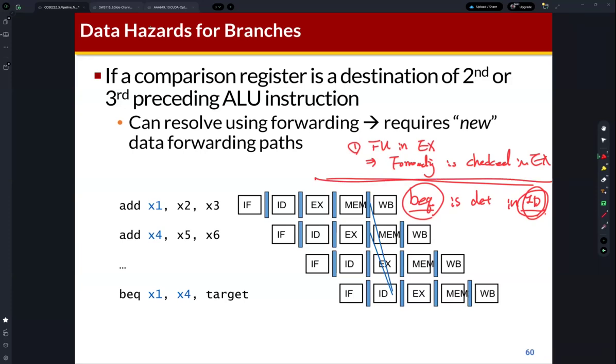The ALU receives the source register value from the other stages, not the register file, because the register file will be updated in the write back stage. It's too late, right? So in the forwarding unit, the ALU receives data from other stages, not the register file.